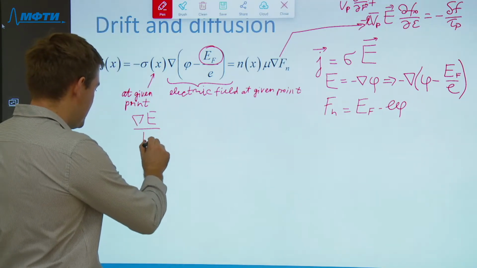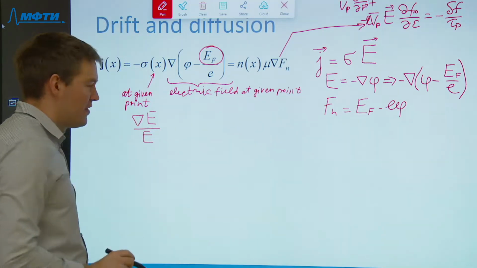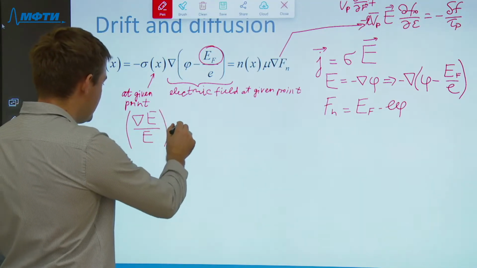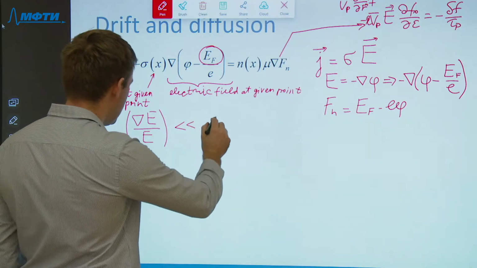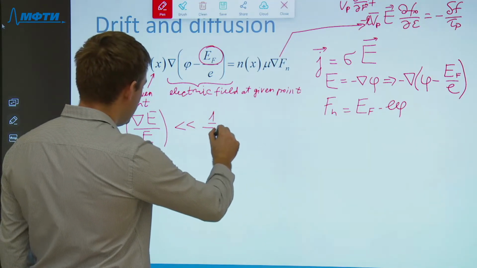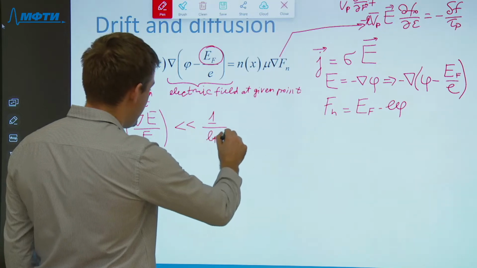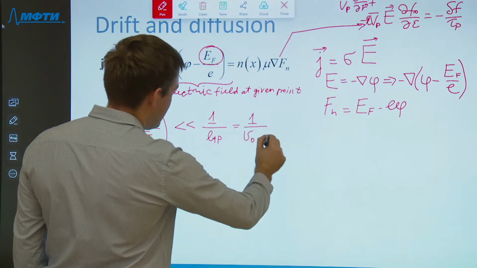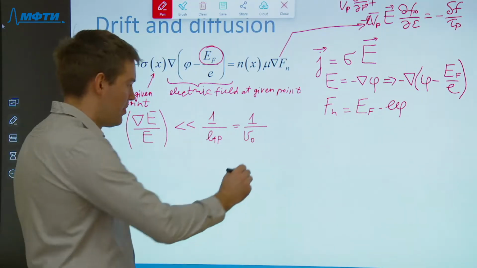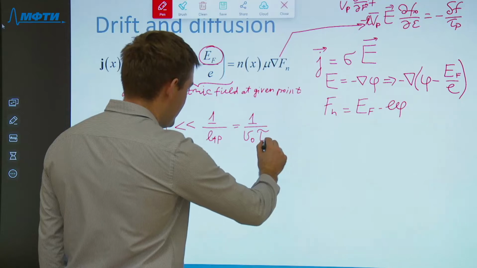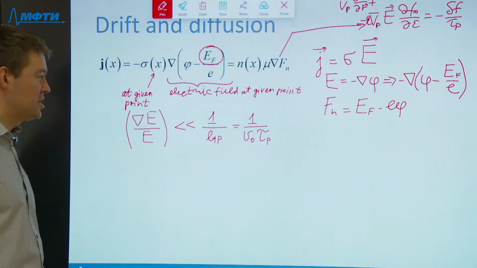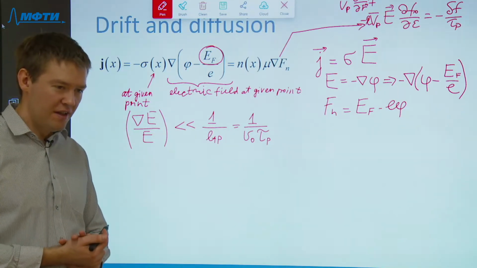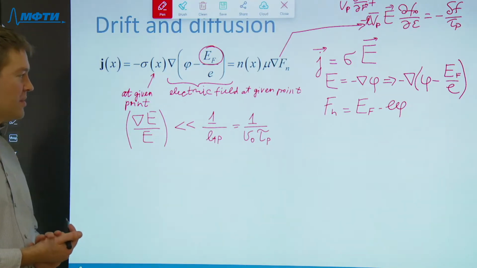In other words, the relative change of electric field, its gradient, normalized by the field itself, should be much less than 1 divided by the length of the free path. Or in other terms, the free path is the carrier velocity, either thermal velocity or Fermi velocity, multiplied by the momentum relaxation time. If this inequality is fulfilled, then the drift diffusion approximation works fine.